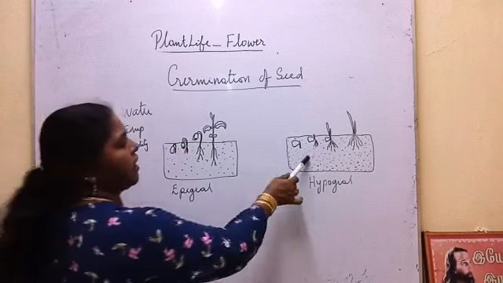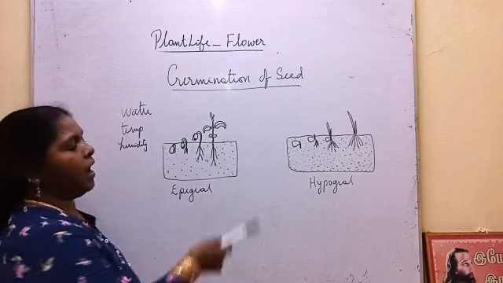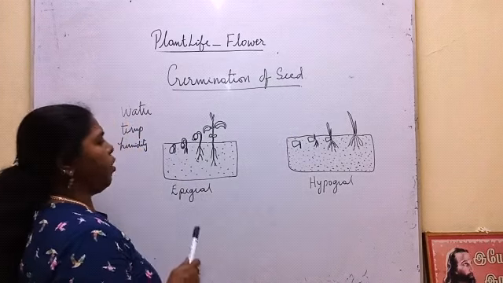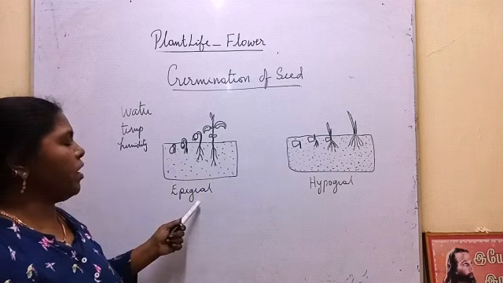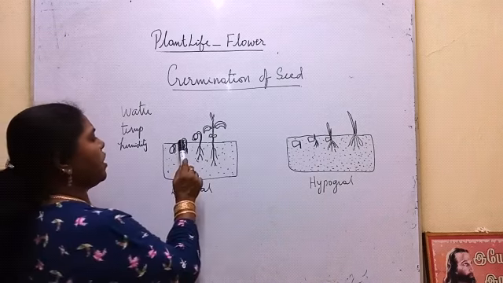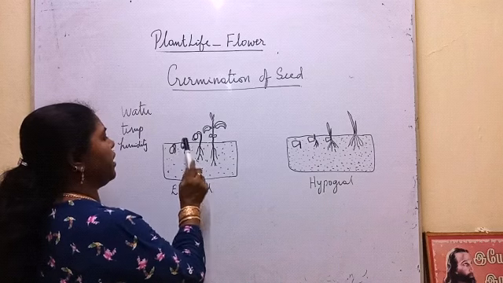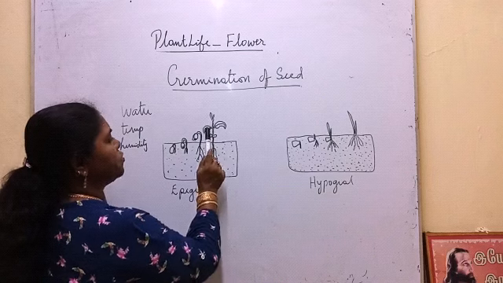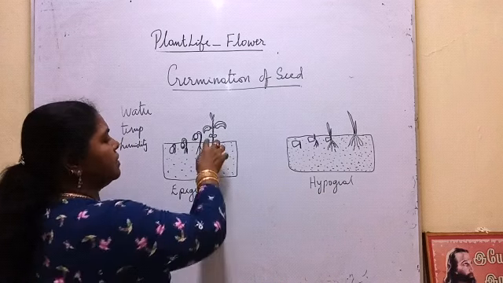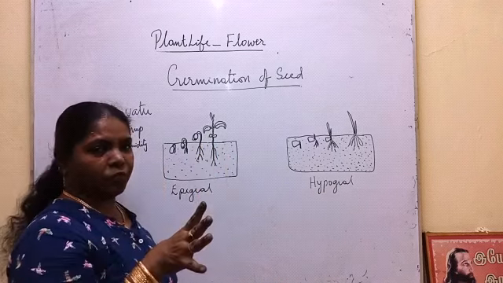The cotyledons will not come up above the soil in hypogeal germination. In dicot, the bean seed is an example for epigeal germination. Slowly this hypocotyl elongates, then the cotyledons are brought up and leaves are produced. Once the leaves are produced, these cotyledons will shrink and wither off.